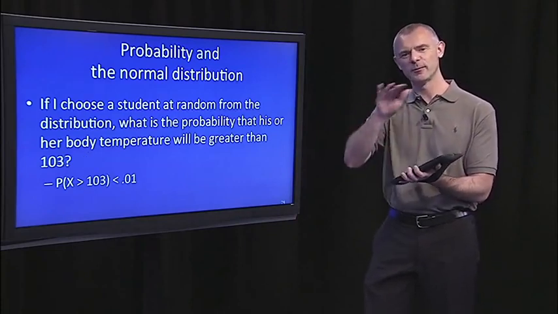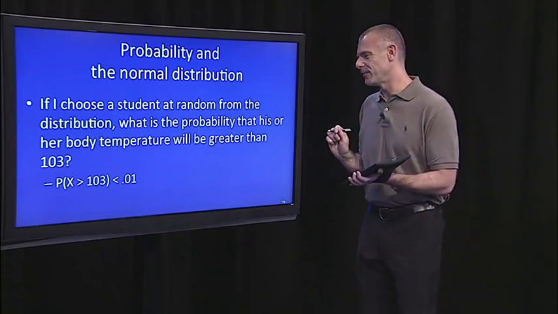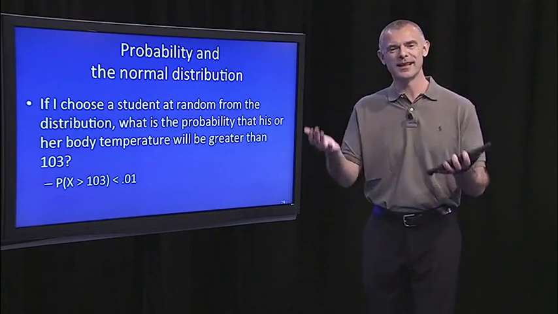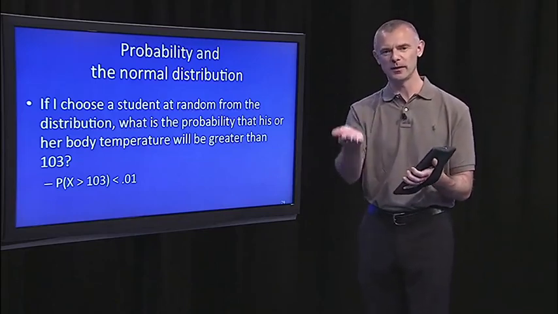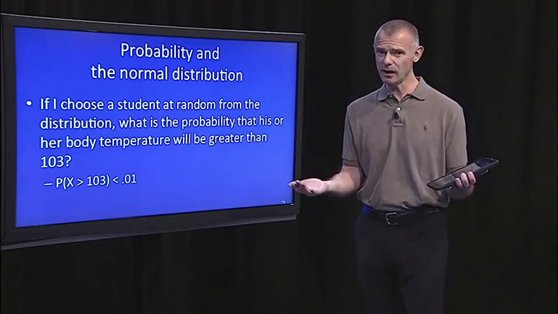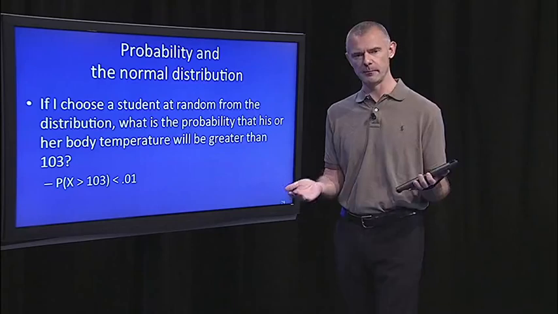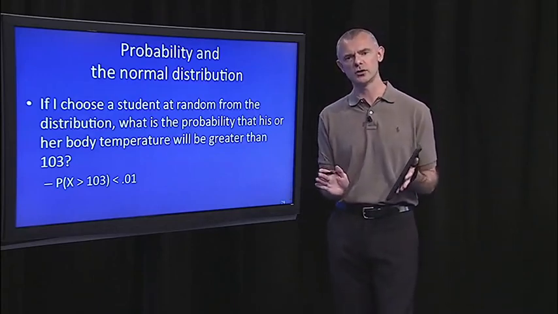If I choose someone at random and get this body temperature, they need to go to the hospital. So if I have a healthy sample, what's the probability that I get somebody with a body temperature greater than 103? Well, that's really unlikely. That means this is not a normal distribution. That means somebody in the distribution is not normal.